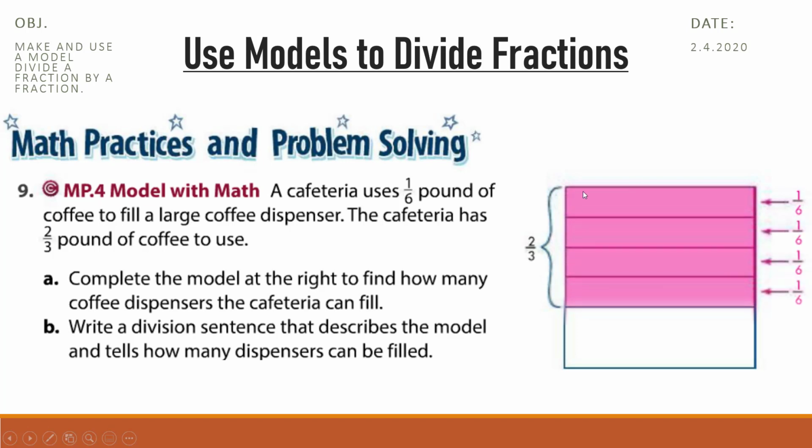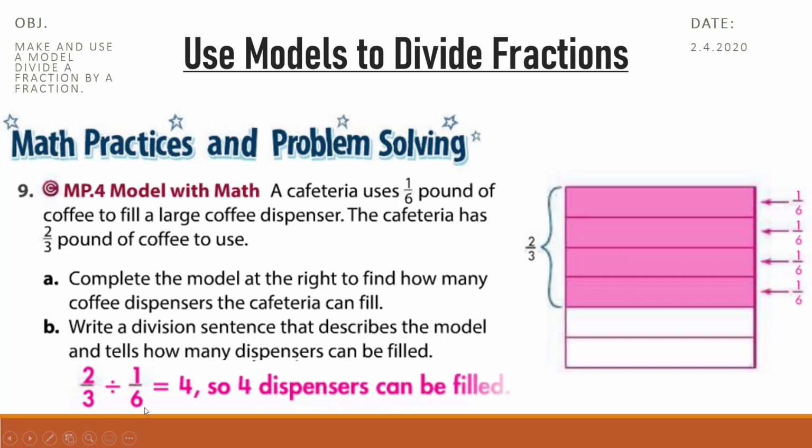Now I shade 2/3 and divide into 6th after that. So how many 6th in 2/3? Let's count 1, 2, 3, 4. So 2/3 divided by 1/6 equals 4. So this is the division sentence that describes the model. Okay, so 4 dispensers can be filled.